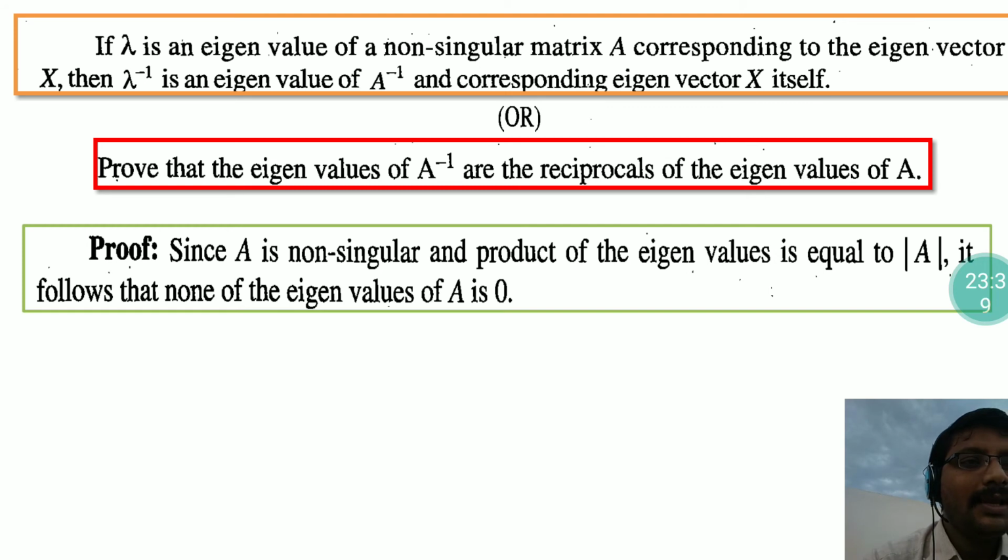Once again, if lambda is an eigenvalue of A, then we have to prove lambda inverse is an eigenvalue of A inverse.